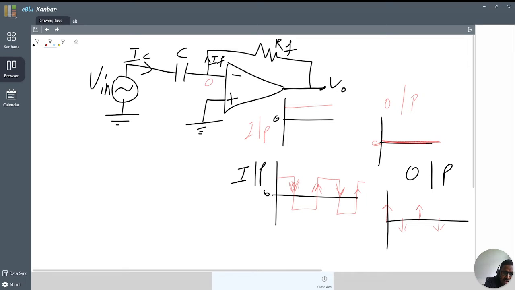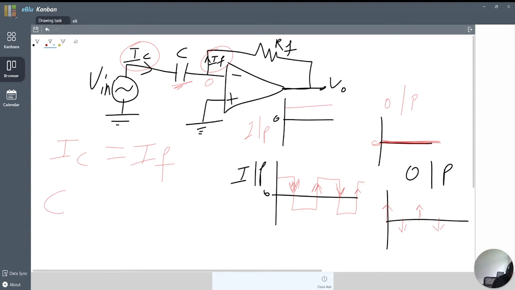Our inverting input becomes 0. So at this time, IC equals IF. IC means the charging or discharging current of this capacitor.